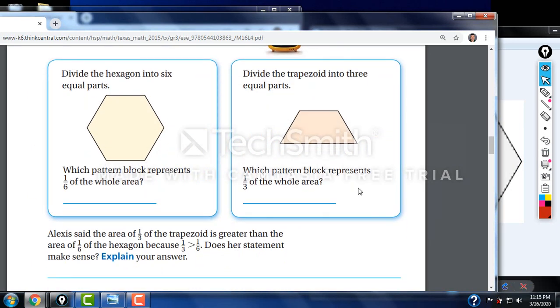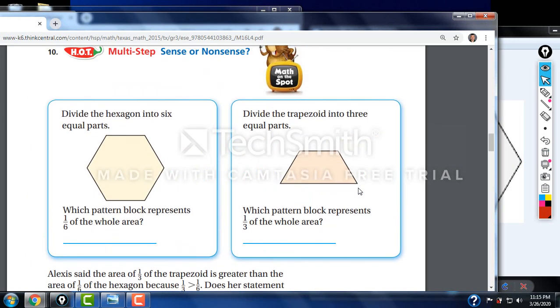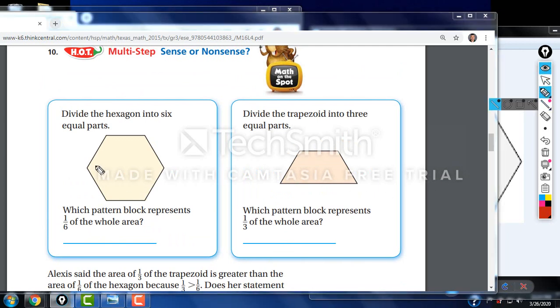Alright, here we go to the next one. Divide the hexagon into 6 equal parts. So I'm going to do that again. Go down here. Then I go down here. Then I go down here. And I count 1, 2, 3, 4, 5, 6. Yes? Which pattern block represents 1/6 of the whole area?